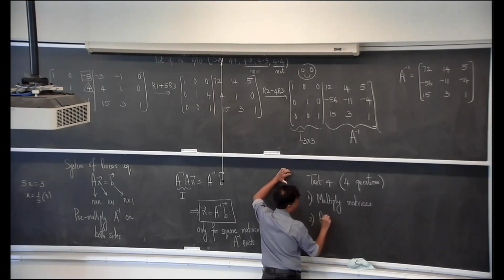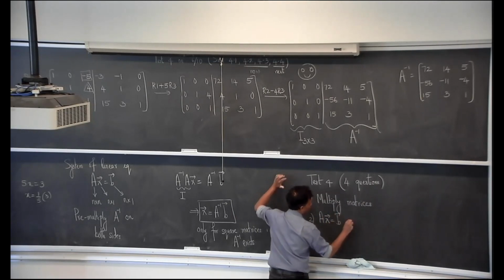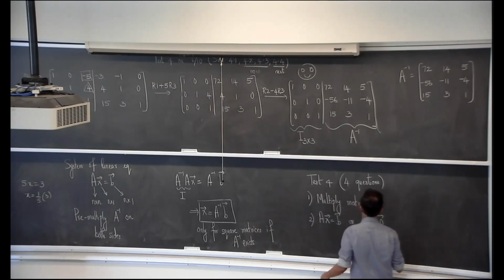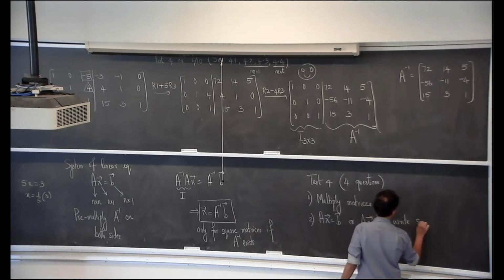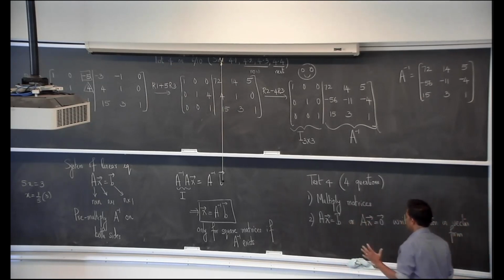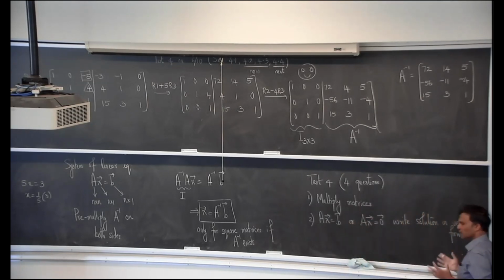Solve Ax equal to b or Ax equal to 0, and then write the solution in vector form. That is what the big chunk of 4.2 and 4.3 is doing, right? So you should identify the basic and free variables, all that jazz.